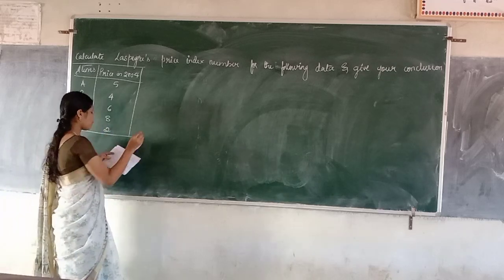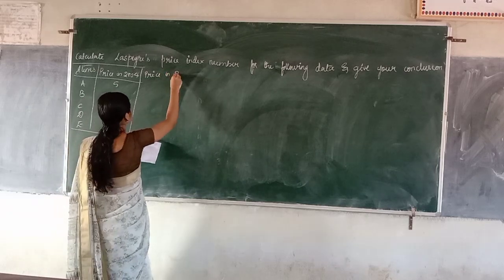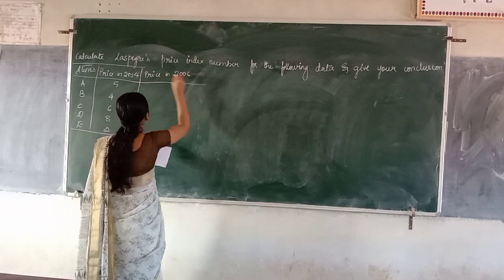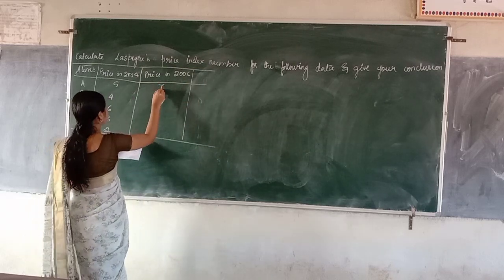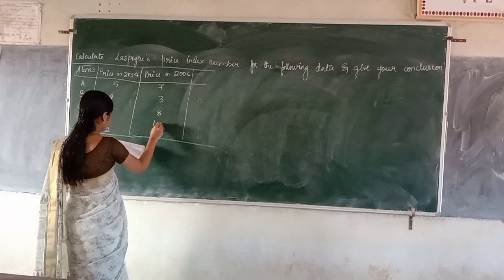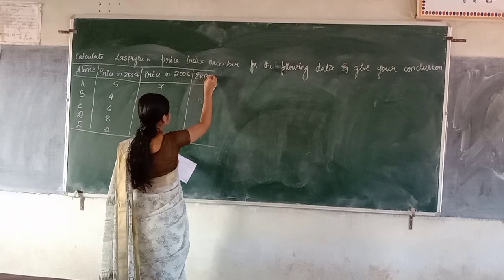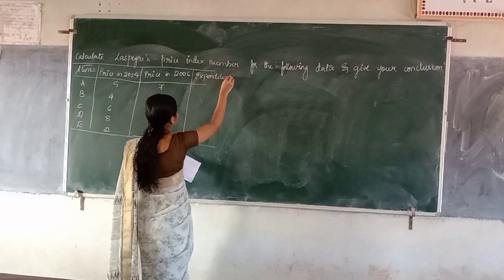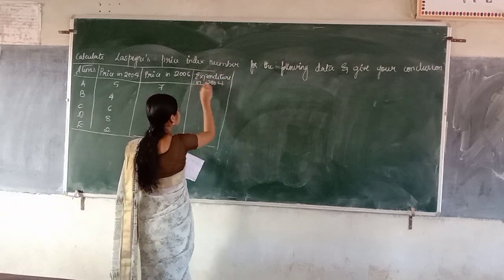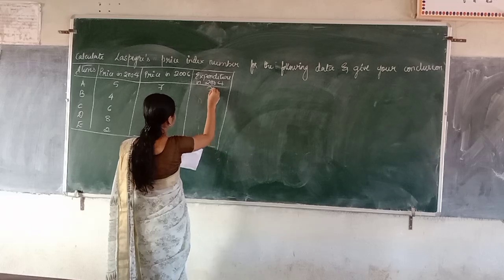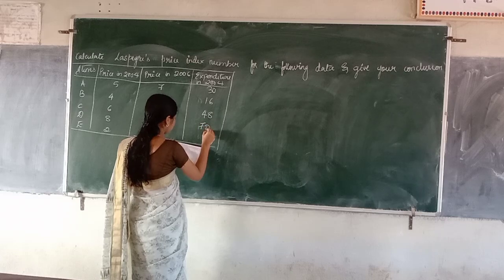Next, we are provided with the prices in 2006. Next, expenditure in 2004. That is nothing but base year expenditure, which is 30, 16, 48, 72 and 4.